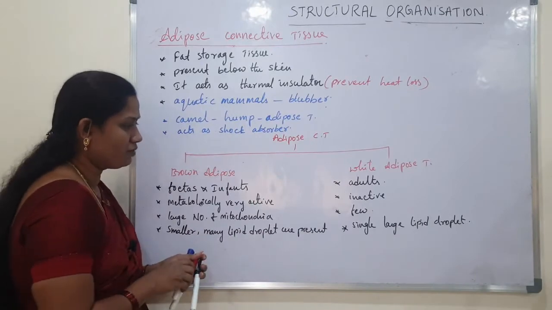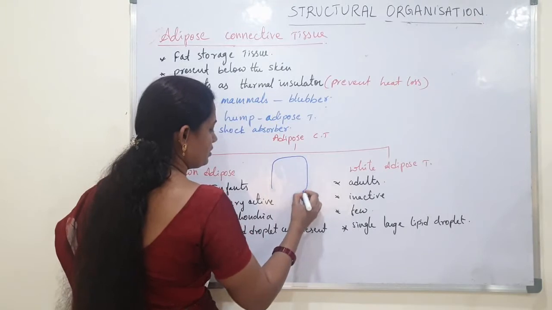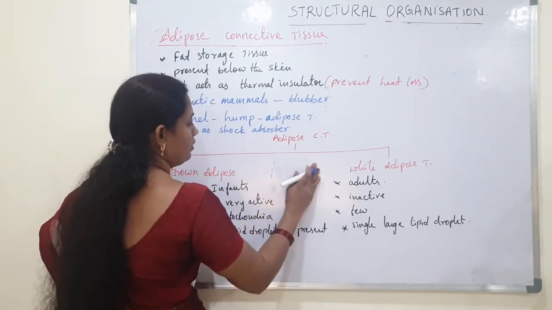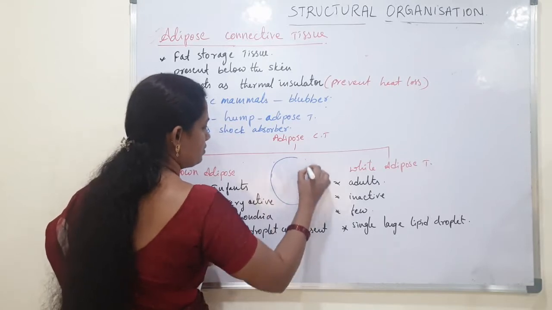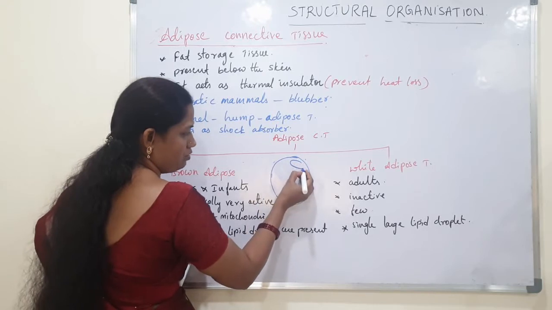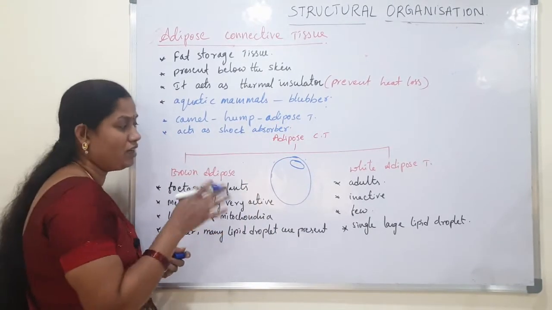For example, this is the adipocyte. In the adipocyte, the nucleus is pushed to one side. The nucleus is present on any one side.